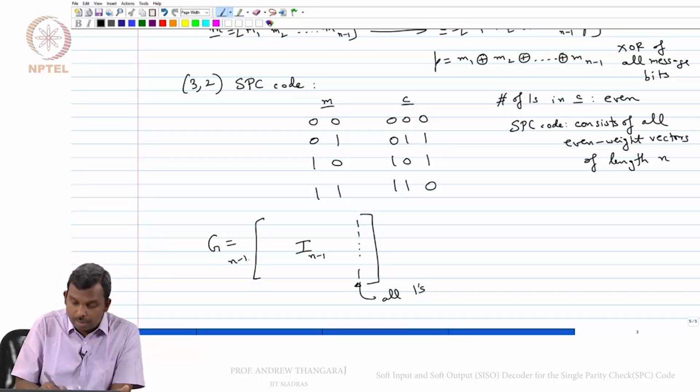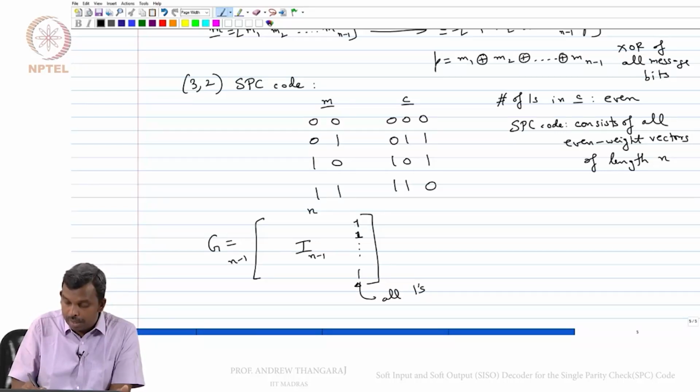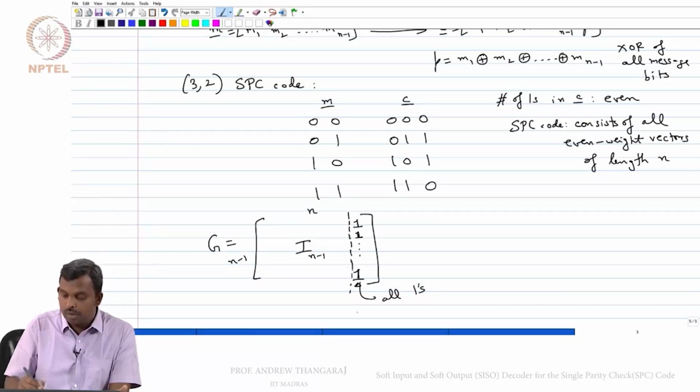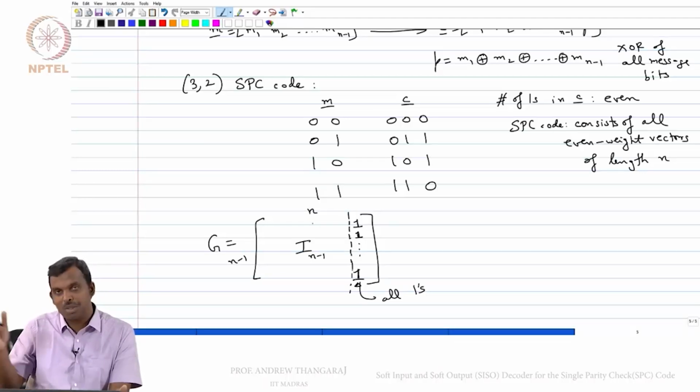You have all ones coming up on the right side. Is that okay? So, the identity part is the systematic part, and then you have sort of a division here, and then you have the P part, which is just all ones.